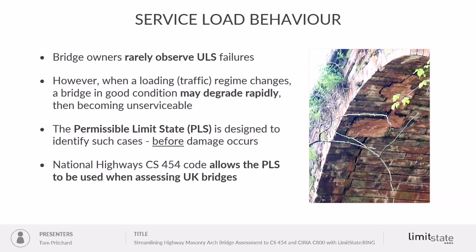Vehicle loading, though, in terms of the magnitude and changes of pattern caused by running a wide variety of vehicles around the highway network, can cause a seemingly good masonry arch bridge to degrade quite quickly without necessarily reaching the ultimate limit or the collapse state.